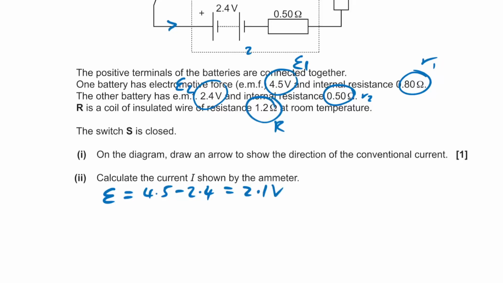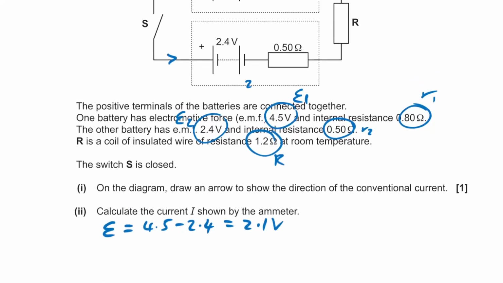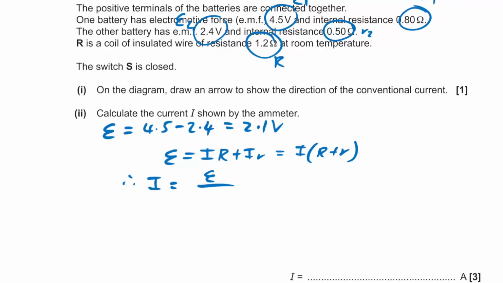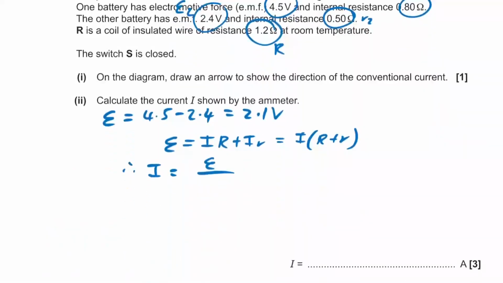And then I'm pretty sure we can just use our EMF equation. So EMF is equal to V, but it's going to be Ir plus Ir. Of course, we can factorize this as I times (R plus r). So therefore, I is equal to epsilon over just the total resistance, effectively. It is just V equals IR. After all, this equation is basically just resistors in series, isn't it?